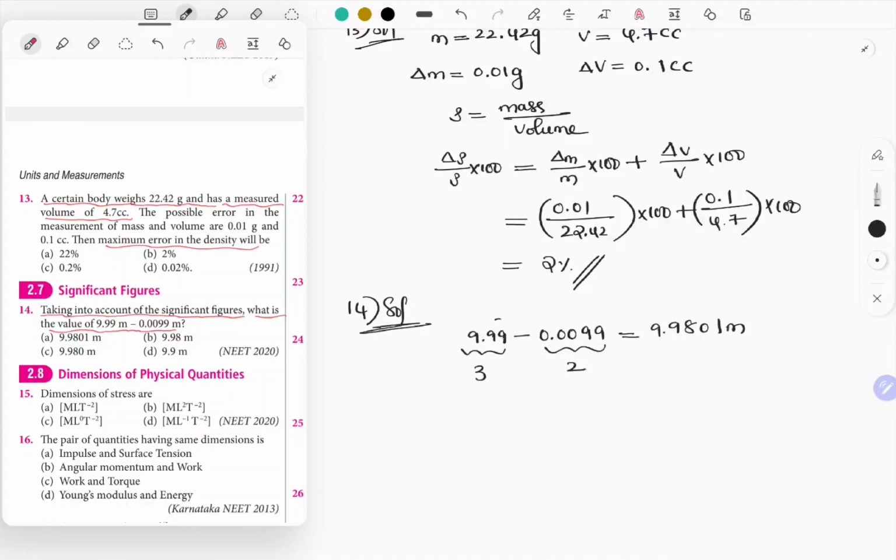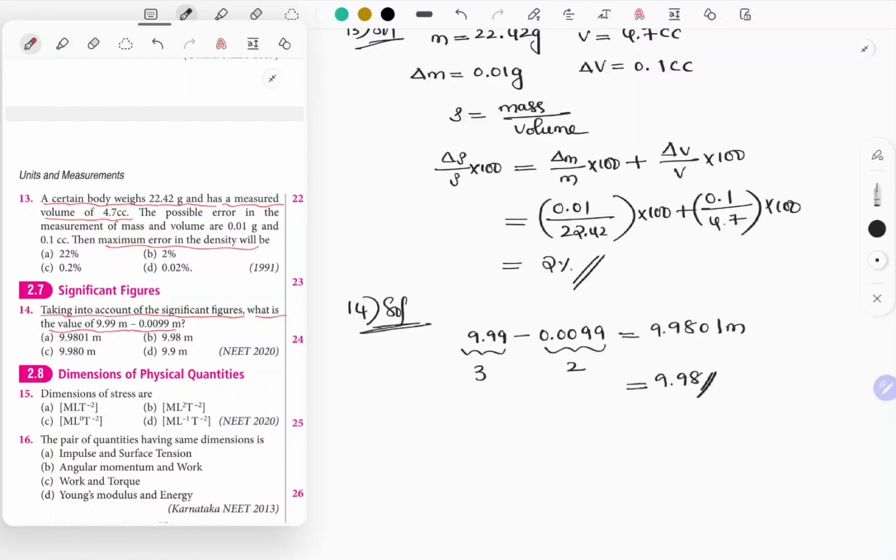Now after a decimal point, in both quantities we have 2 significant figures. Then the final answer should also consist of two significant figures after the decimal point. That means the answer is going to be 9.98. Hope you understood. Even though the second quantity has the least number of significant figures, we have to reduce it to the least number of significant figures after the decimal point.